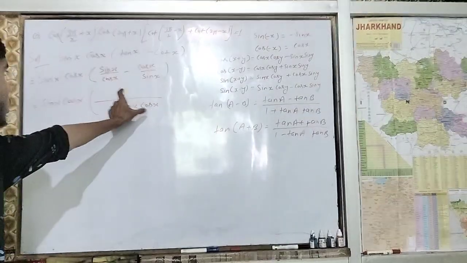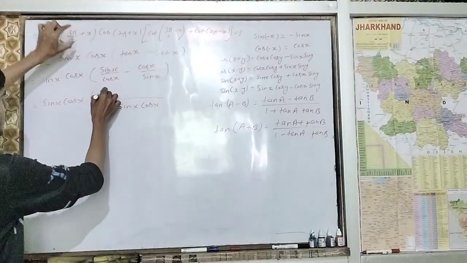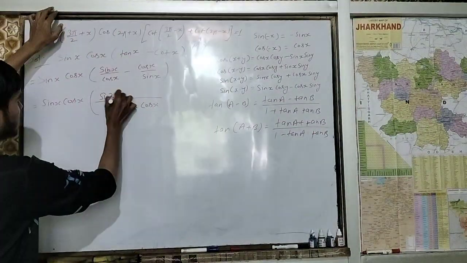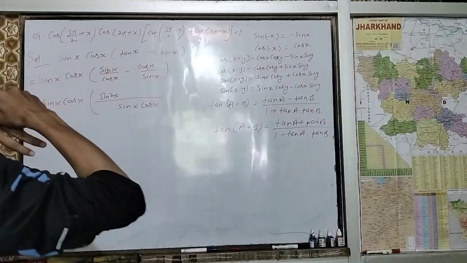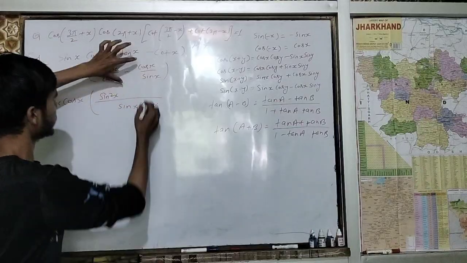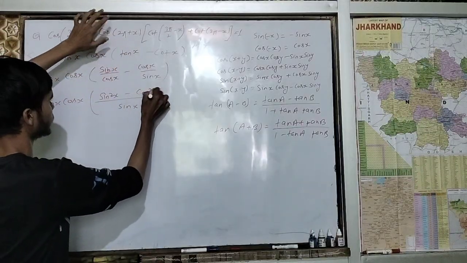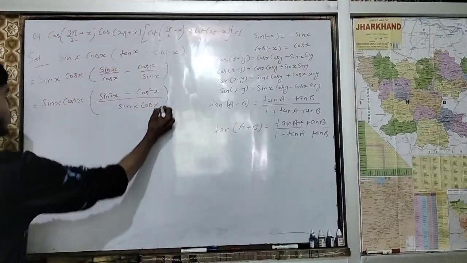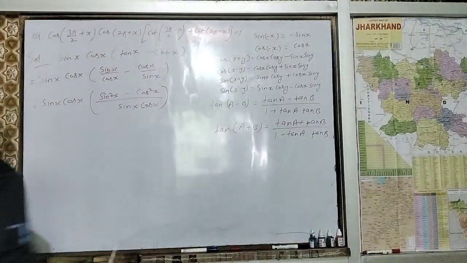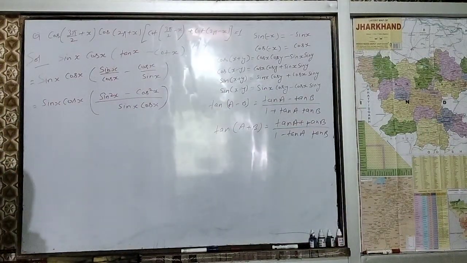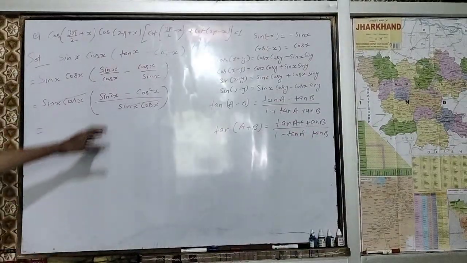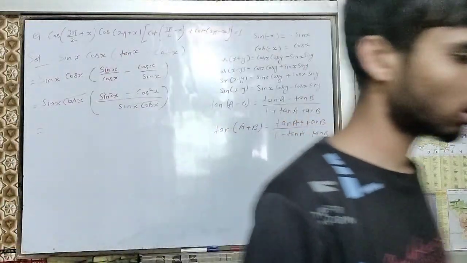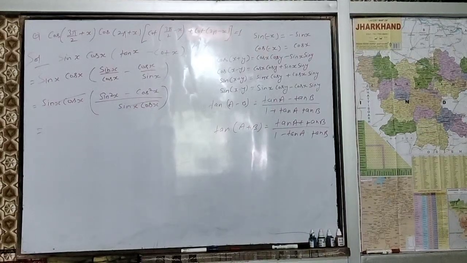Look over here, cos x both are same, so sine square x, done. Then in this case it will become cos square x. Clear? Cos square x. Now you can see this cuts with this, and we got this much, sine square x, but the operator should be positive here.